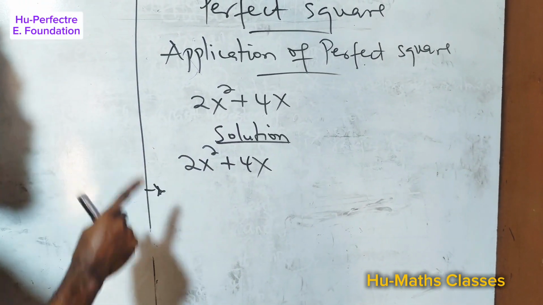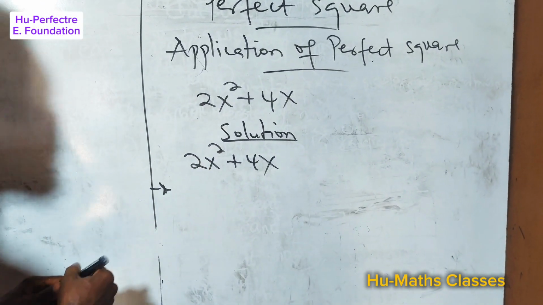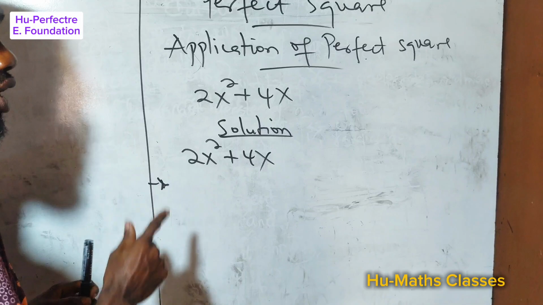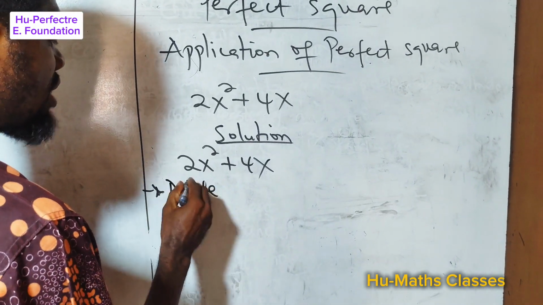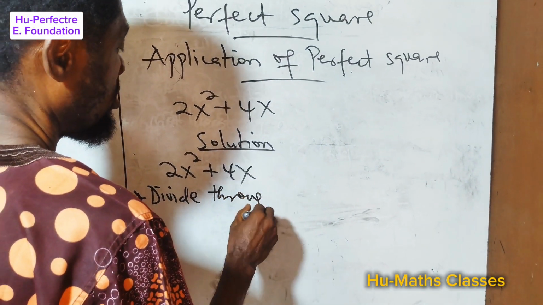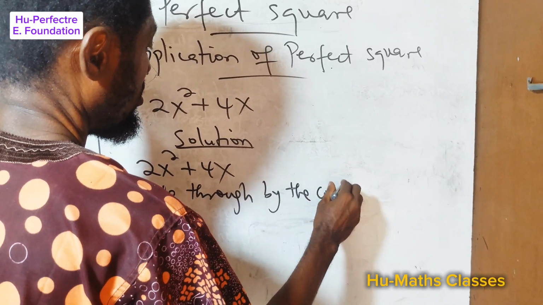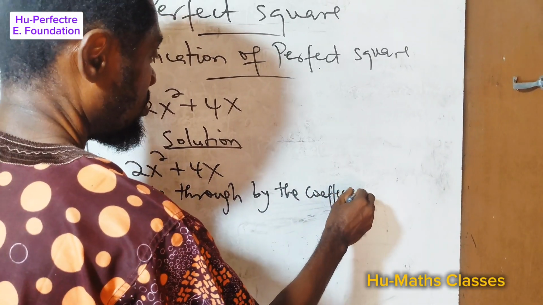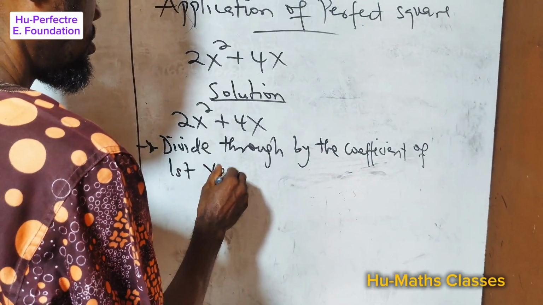Now, the first thing to do to make this a perfect square is to divide through by the coefficient of the first variable.